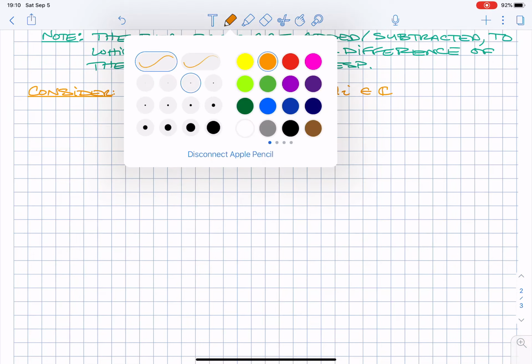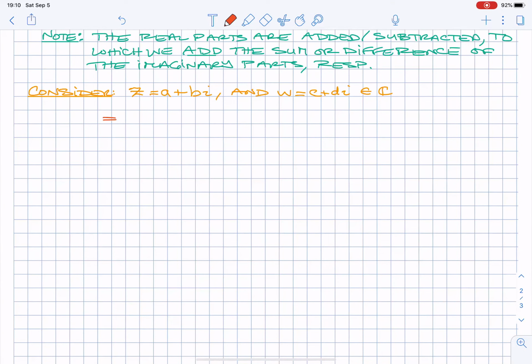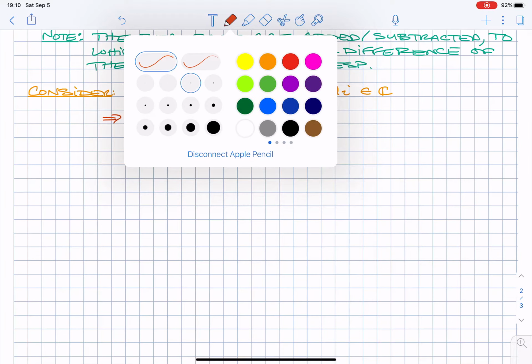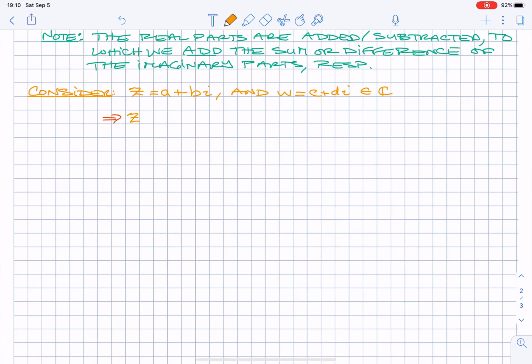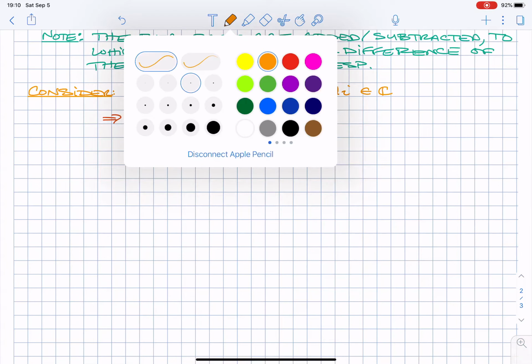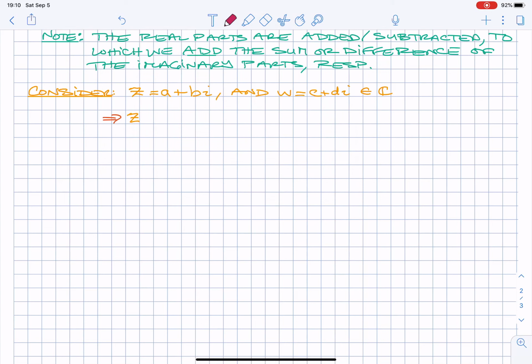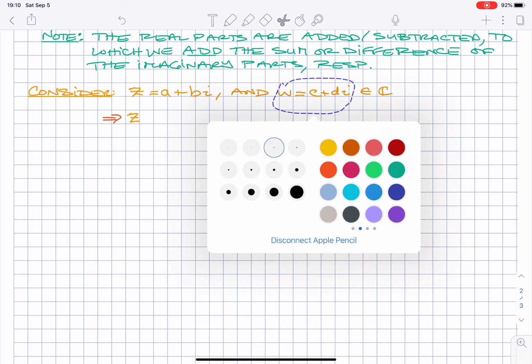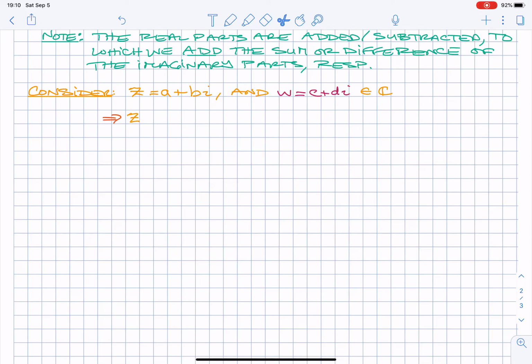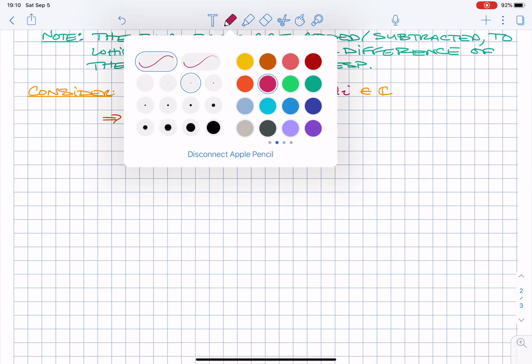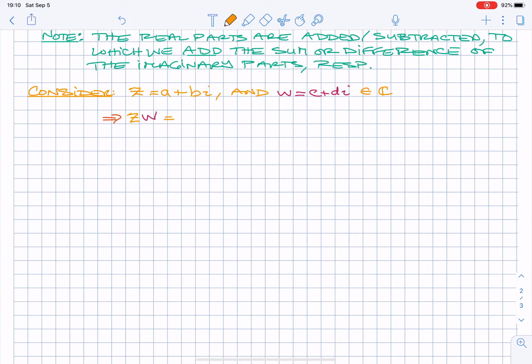So this would imply that z times w, maybe I'll make w a different color so that it's easier for us to see which is which. So z times w is going to be the quantity a plus bi times the quantity c plus di.